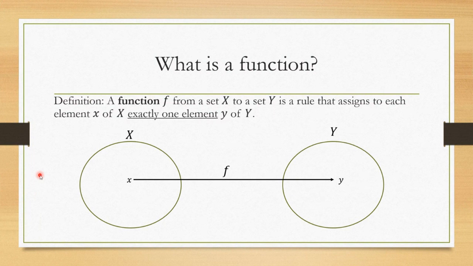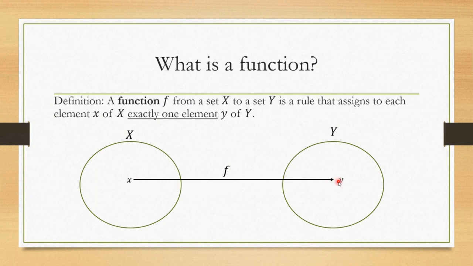A function from a set X to a set Y, by definition, is a rule or an assignment that assigns to each element from the first set, each little x from the first set, so little x represents an arbitrary element from the first set, exactly one element from the second set.